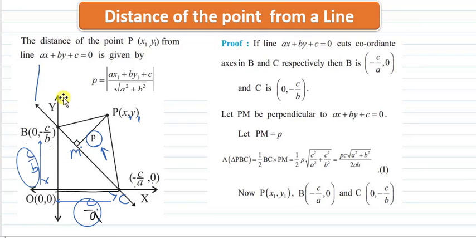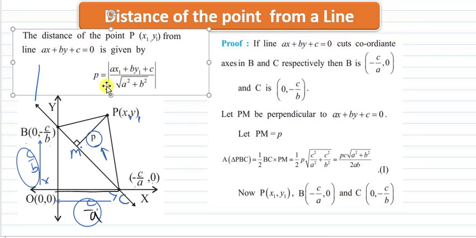So in this way I have found the formula for the distance of a point from a line, which is ax1 plus by1 plus c upon root of a square plus b square. If you observe the formula, x1, y1 are the coordinates of the point from which we have to find the distance to the line.